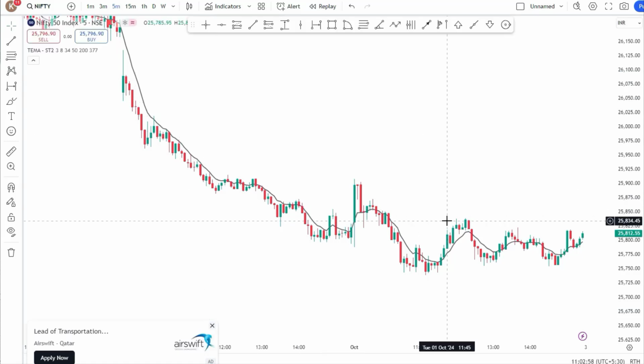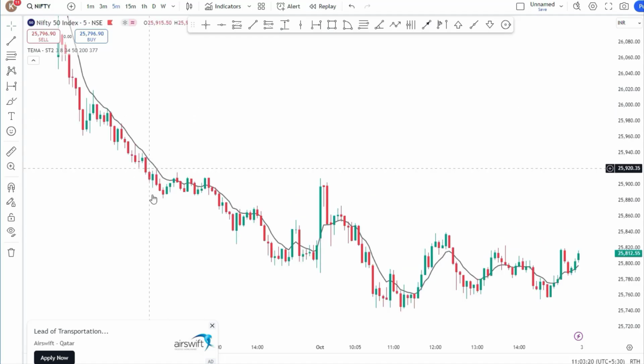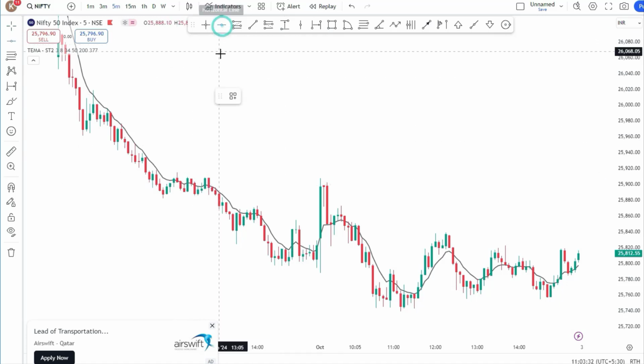So this is the graph in which this is the 8 exponential day moving average, and here we can find the price crossing over the 8 exponential moving average. Here and here also, we will simply put a horizontal line where the crossover is.